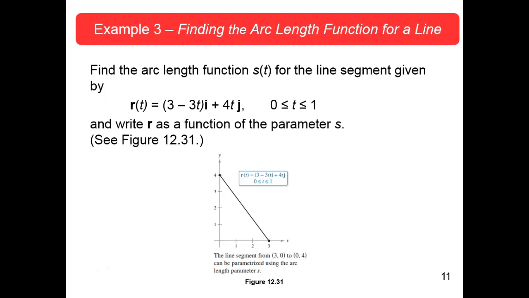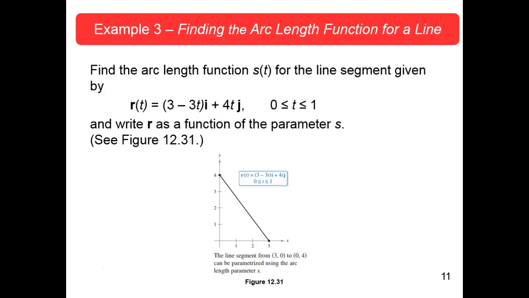When t is equal to 0, this would be 3i plus 0j. That would be where you start. And when t is equal to 1, this would be 0i plus 4j. You'd be up here. Because both of these are linear functions, this will describe a straight line, and there it is.